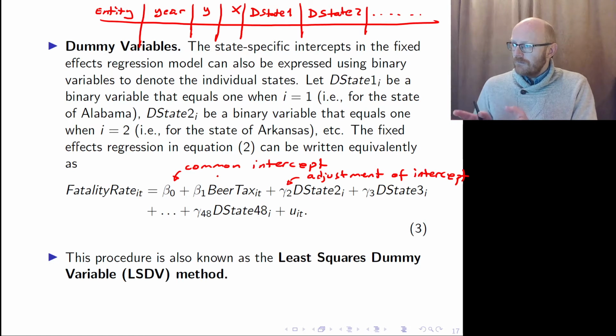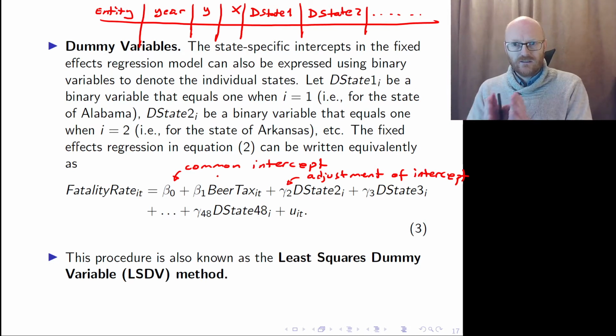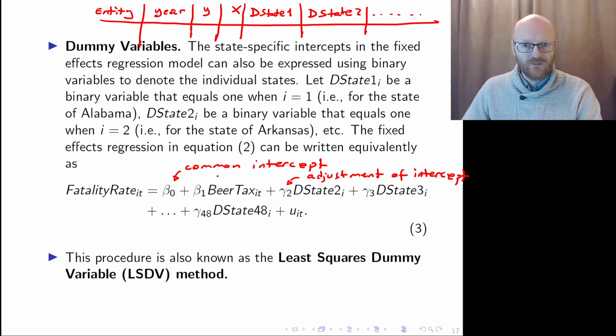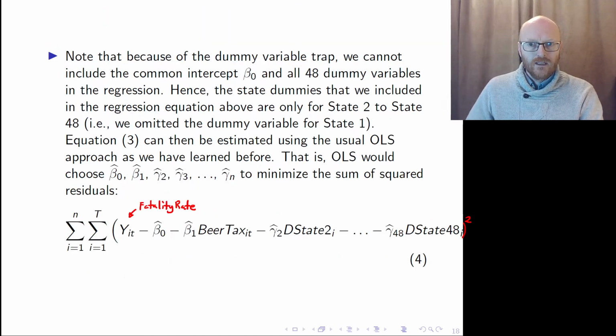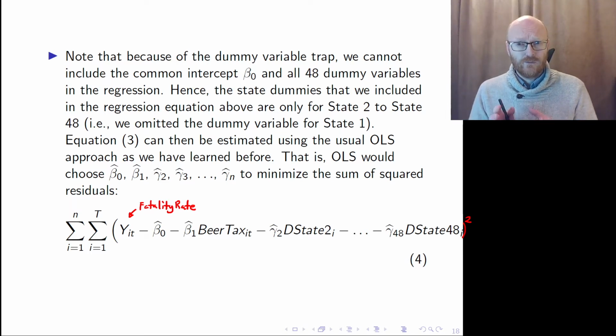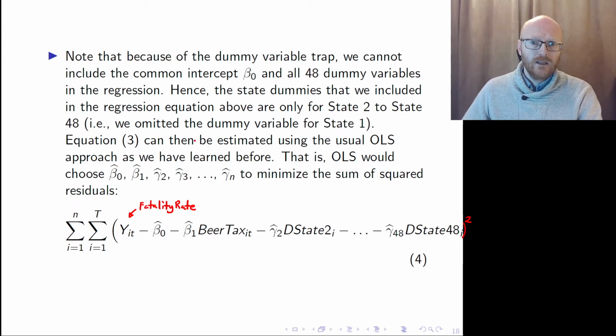So this procedure is quite simple. You can just expand the data set and perform the regression, and this is called the least squares dummy variable method. Because of the dummy variable trap, we only include 47 different dummy variables in our model.